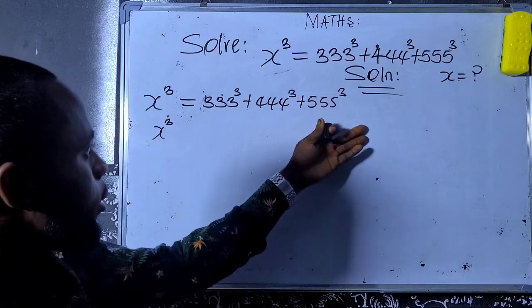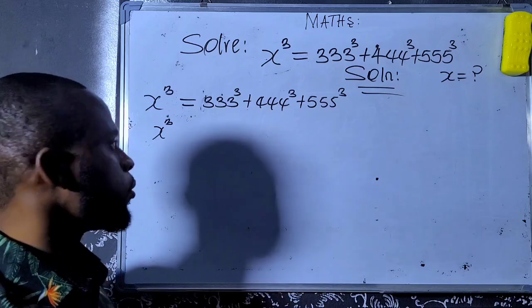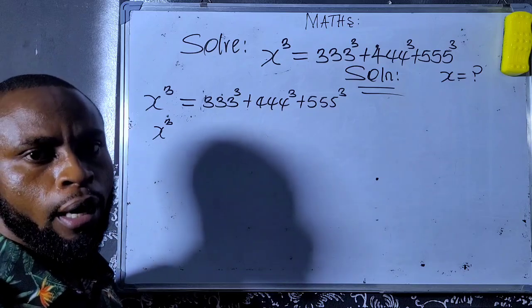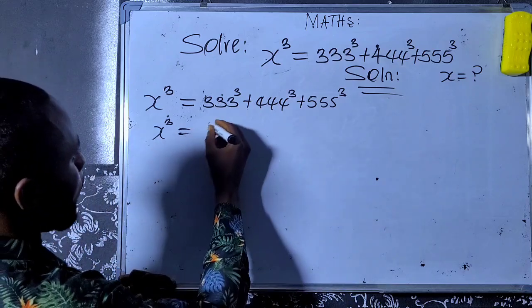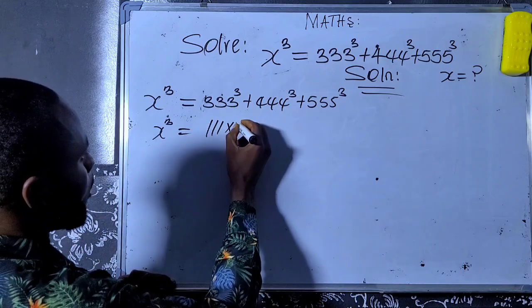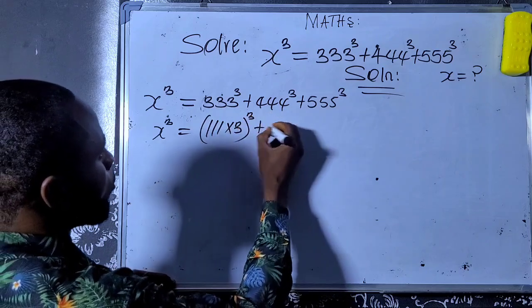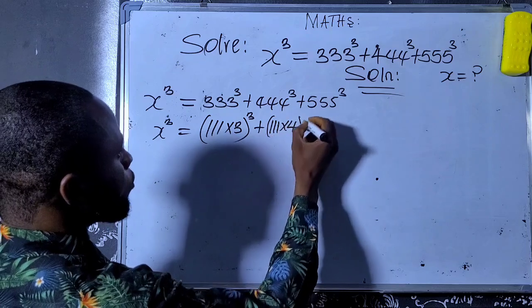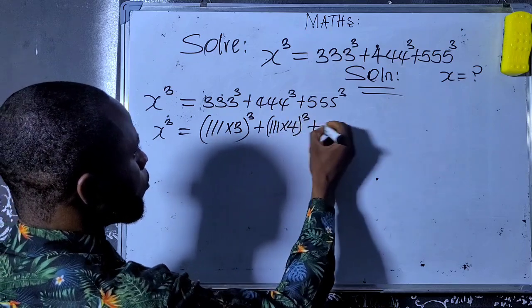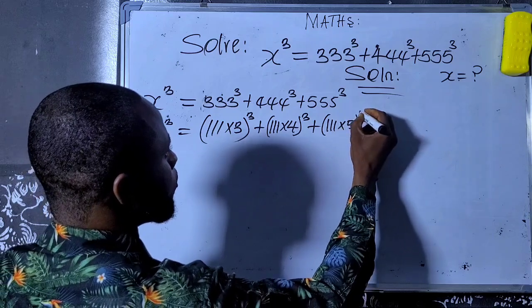This number can also be expressed as the multiple of 111. In that case, we are going to have 111 multiplied by 3 to the power of 3 plus 111 multiplied by 4 to the power of 3 plus 111 multiplied by 5 to the power of 3.